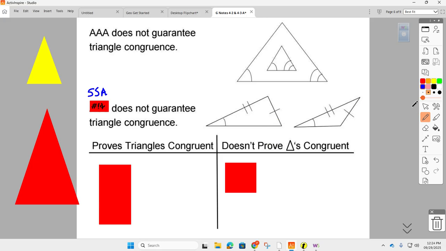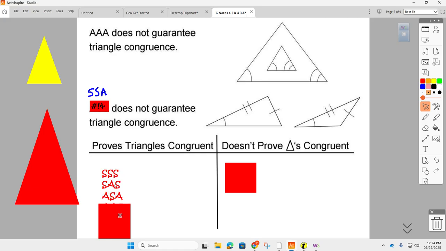All right. So as a recap, the shortcuts that we can use are these postulates. The postulates are the shortcuts that we can use to prove triangles are congruent: side, side, side. Side, angle, side. That angle is in between the two sides, that's the included angle. Angle, side, angle.